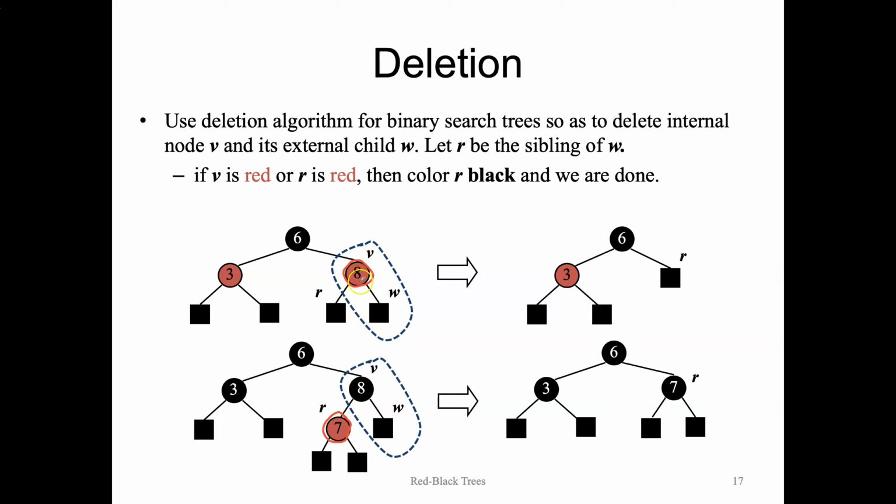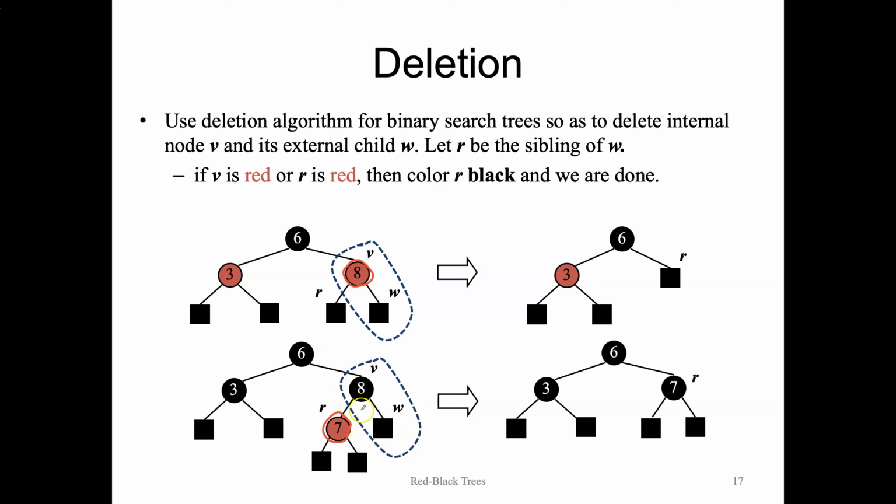We would delete that node that we want to delete and its leaf, and then color the resulting node here black. Okay. So that's what we have in each one of those instances. We're deleting this. Once we get rid of this, following our binary search tree deletion, the new right subtree of 6 will be the left subtree of 8 now, since this was that leaf.